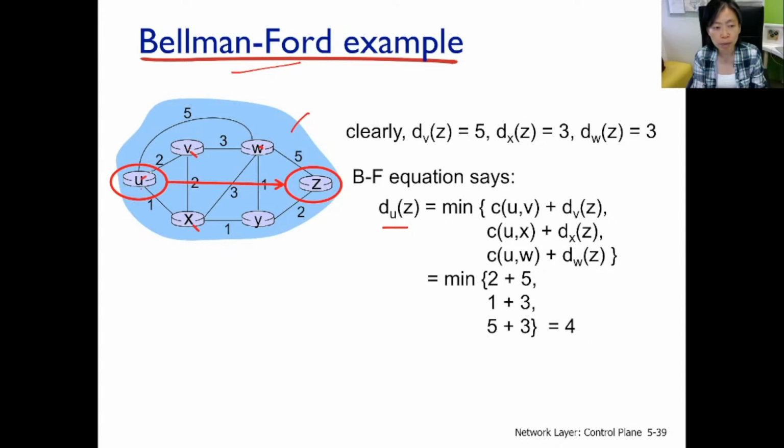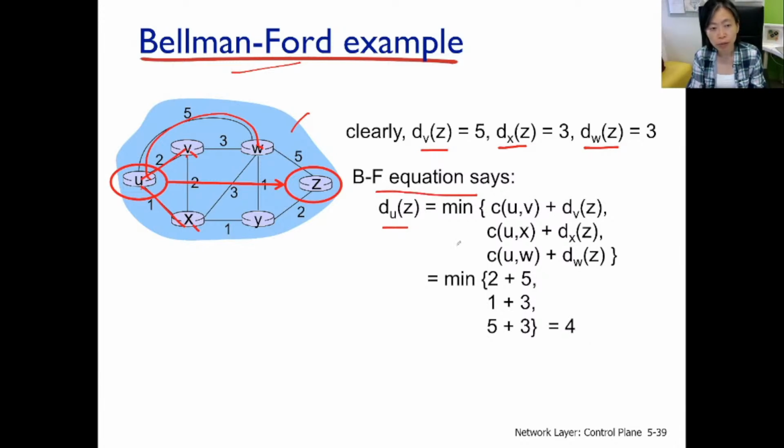So U's neighbors, including V, W, and X. V will need to report the distance from V to Z, and that is the entry here. X will have to report the shortest distance from X to Z. Same for W to report the shortest distance from W to Z.